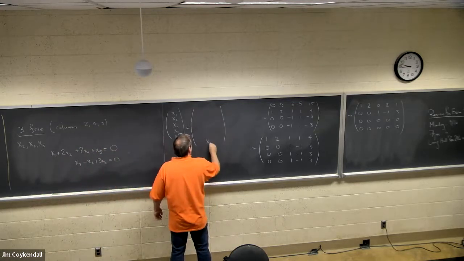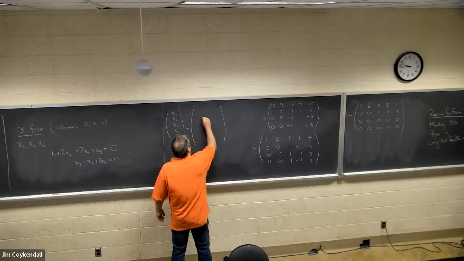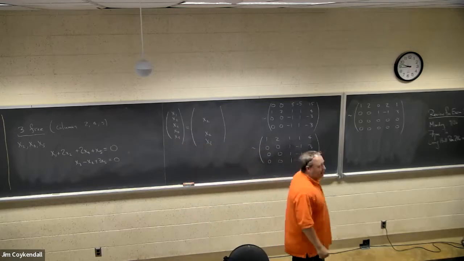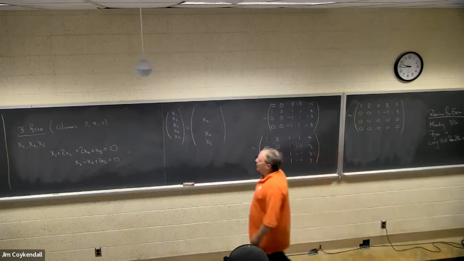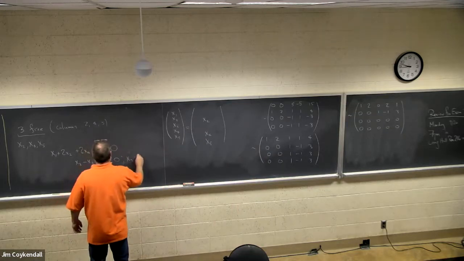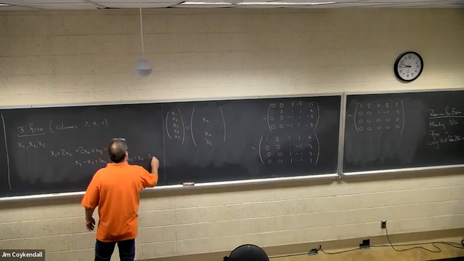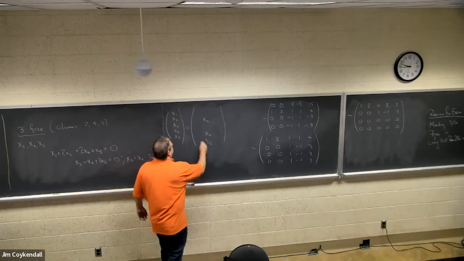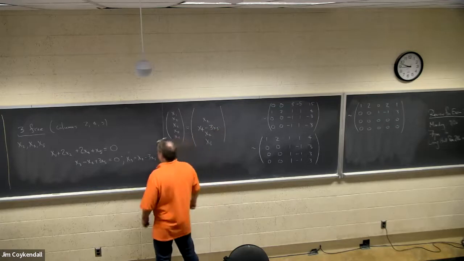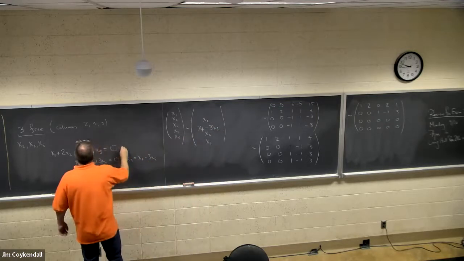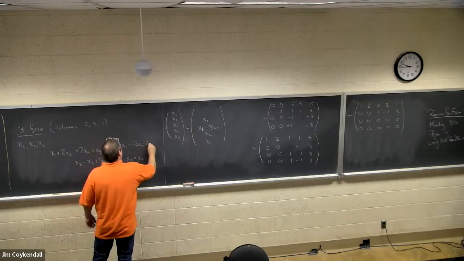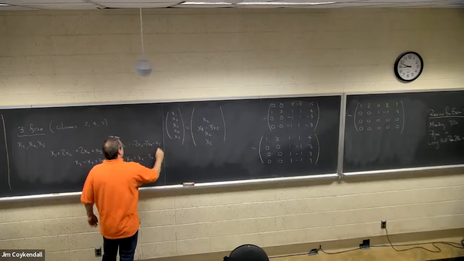I know that X5 and X4 and X2 are all free, so there's nothing I can do except put them in there. They're my free variables. Right? What do I know about X3? X3 is X4 minus 3X5. And I know that X1 is minus 2X2 minus 2X4 minus X5.